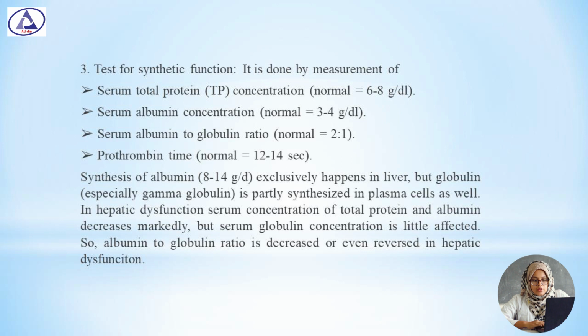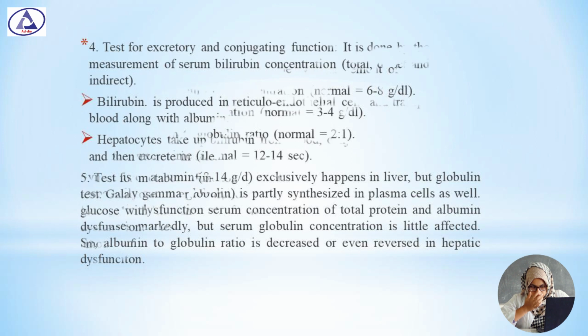Synthesis of albumin exclusively happens in liver, but globulin are partially synthesized in plasma cells as well. In hepatic dysfunction, serum concentration of total protein and albumin decrease markedly, but serum globulin concentration is little affected, so albumin to globulin ratio is decreased or even reversed in hepatic dysfunction.